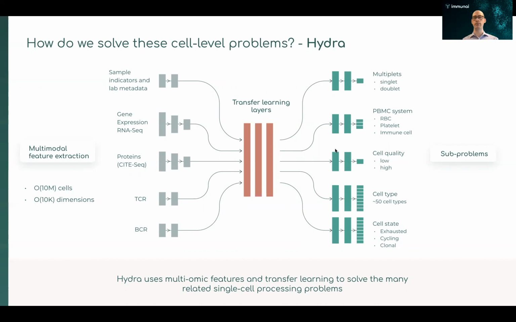And then we have some multitask learning, where we have multiple cell level problems that we have to solve in order to do our job well for subsequent analyses. And Hydra manages to transfer the learnings. A lot of the learnings required to solve each one are shared, and so we can make use of these multiple problems in a single model.